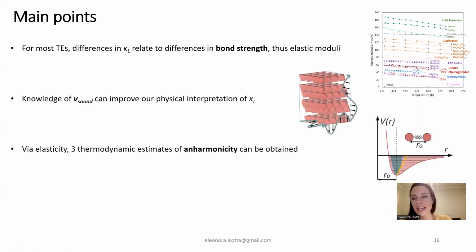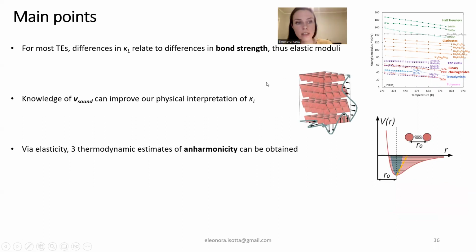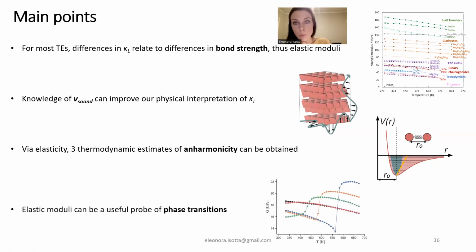Then we saw that elastic moduli can be very powerful for the study of lattice thermal conductivity because they can give insights on both speed of sound and phonon scattering time, which are the two very strong parameters that will control the lattice thermal conductivity. Finally, we have seen a few cases where elastic moduli turned out very useful for the study of phase transitions.